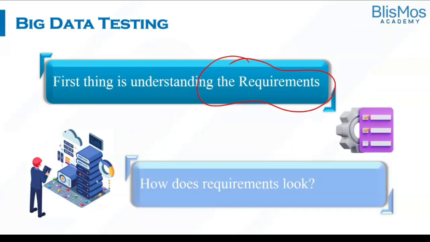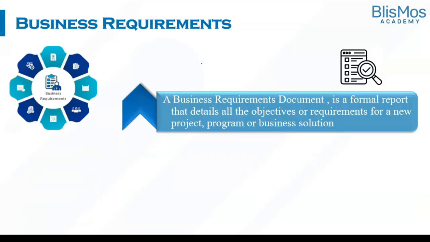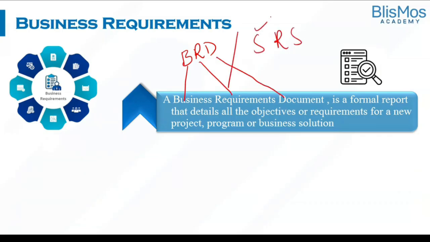Let us understand that business requirements are specified in different formats. One is the business requirement document, as indicated here. There is also something called SRS, software requirement specification. And these days we also get the requirements in user stories.